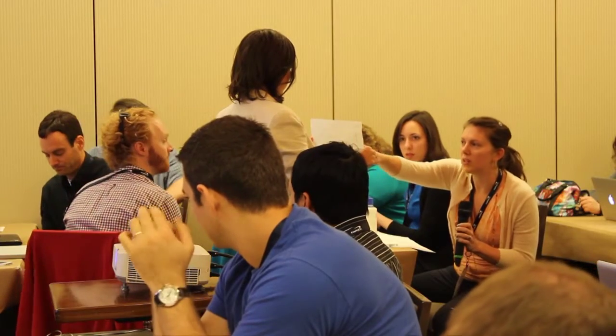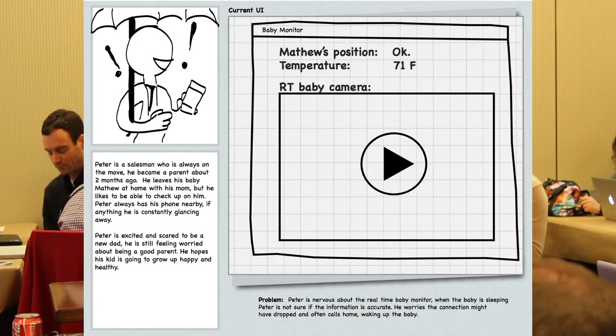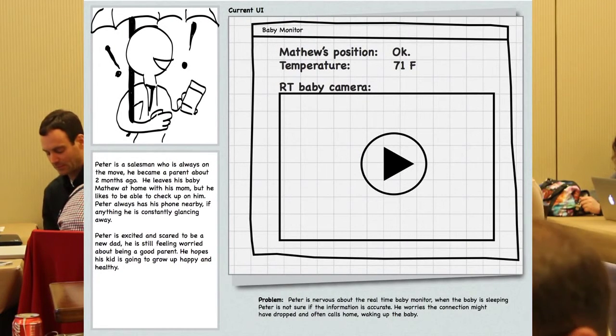A little more clarification, I think, on what OK meant. It was a little vague, and so maybe a tip off to the right of that. Clarification on room temperature, it just said temperature, room temperature versus baby temperature.